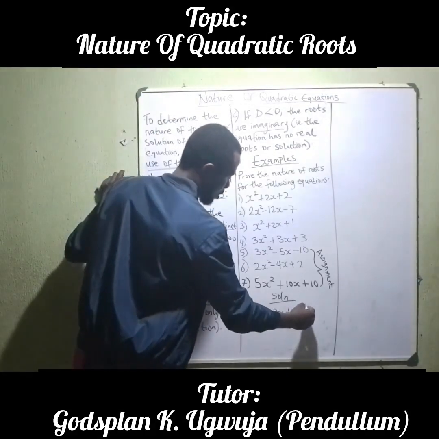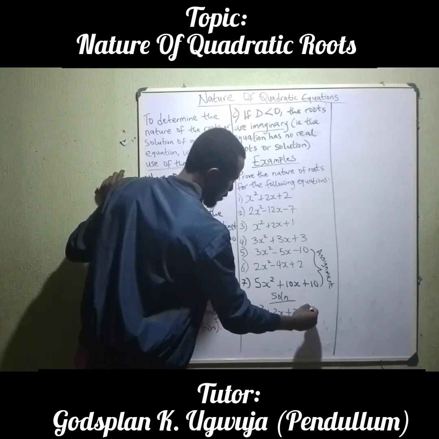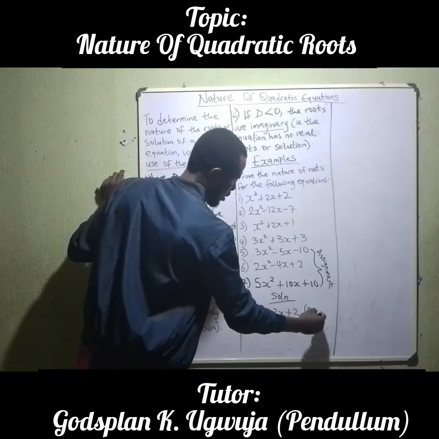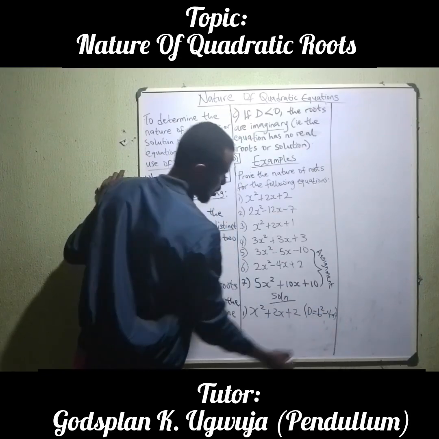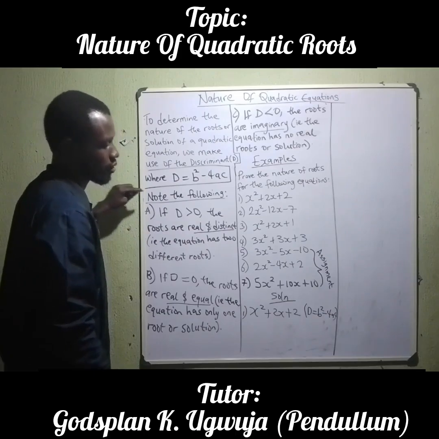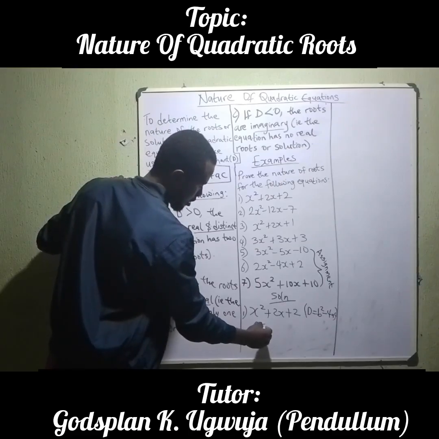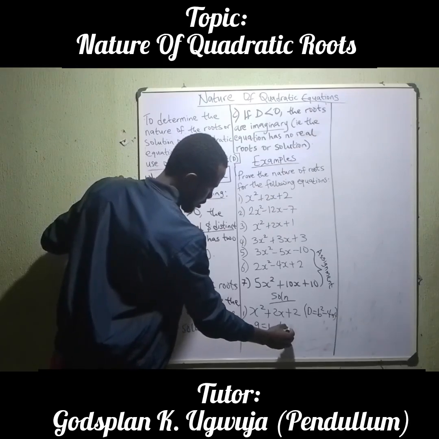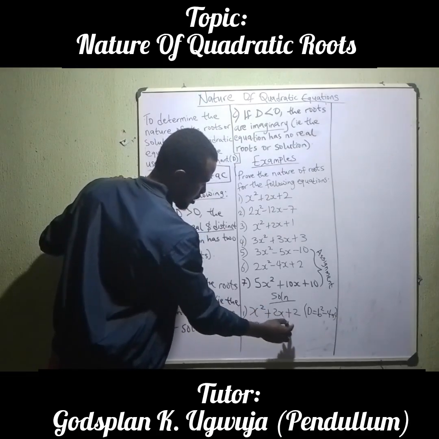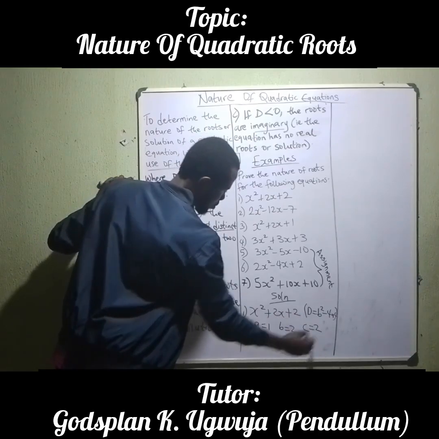And from here, first we have our discriminant is b squared minus 4ac. That's our formula. From this equation you can tell that a, the coefficient of x squared here, is 1. b, the coefficient of x here, is 2, and c, the constant, is also 2.